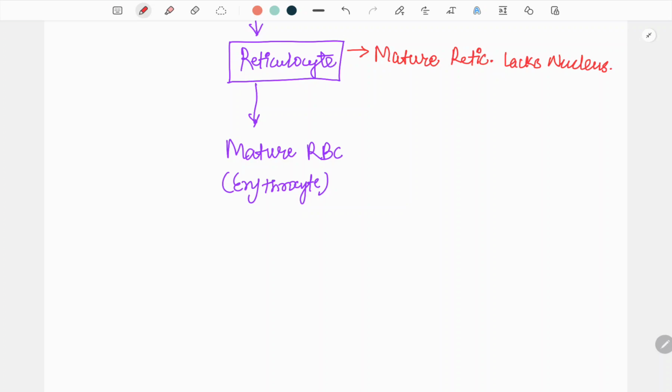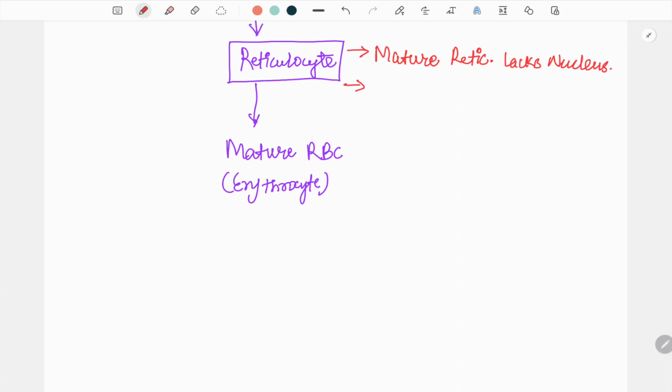We have heard of the very fact that RBC lacks nucleus. So the exclusion of nucleus from the cell occurs from the reticulocyte step, and mature reticulocyte itself does not have nucleus.